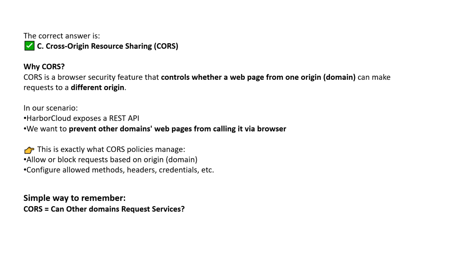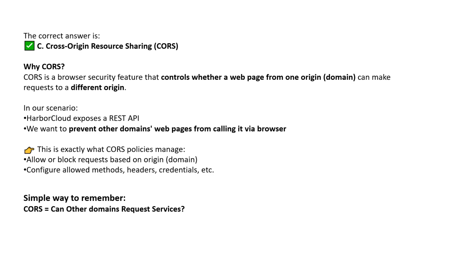So why is CORS the correct answer? Actually, CORS is a browser security feature that controls whether a web page from one origin can make requests to a different origin. So in our scenario, Harbor Cloud exposes the REST API, and we want to prevent other domains' web pages from calling it via browser.